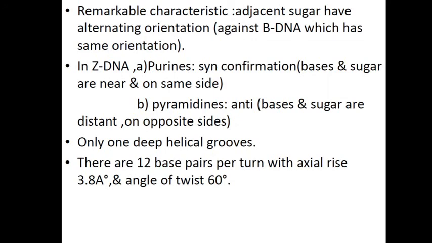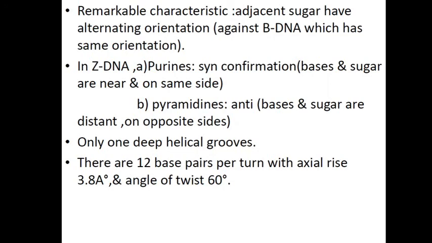In the case of Z DNA, the purines are in their syn conformation, that is the bases and the sugars are over one another, close to one another, while the pyrimidines are in their anti-structure. While discussing the nucleotides, we discussed these terminologies, what is syn and what is anti-structure. Syn is the structure in which the sugar and the nitrogen base overlap one another.